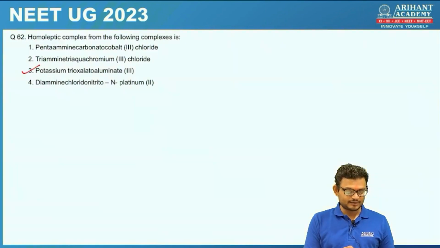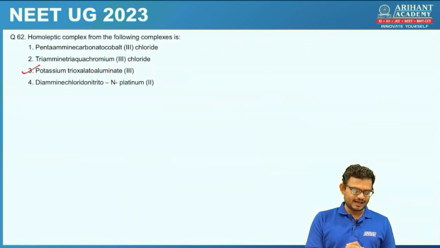Homoleptic complex from the following complexes is. Now we all know homoleptic complexes are the ones where there is only one type of ligand involved. So the correct option here, if you just have a look at the words, the third option sounds to be more sensible, which is potassium trioxalato aluminate. The structure would go something like this. You have aluminium and trioxalato, meaning 3 oxalate ions.